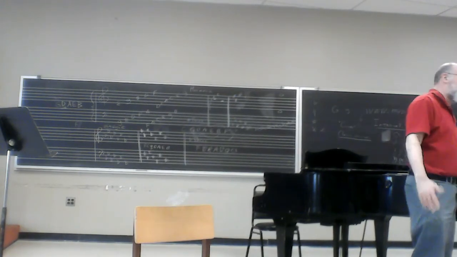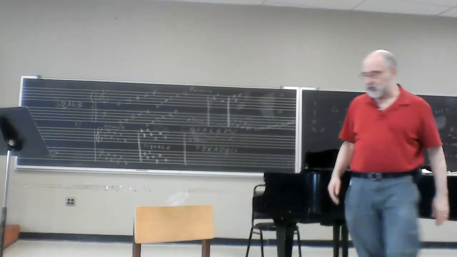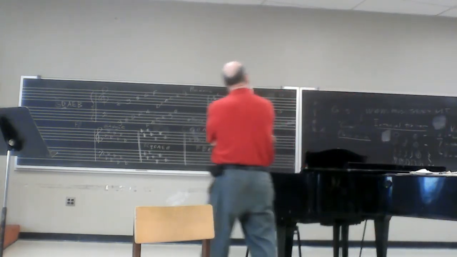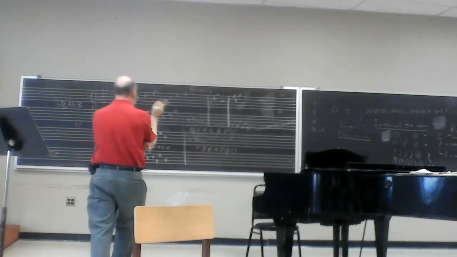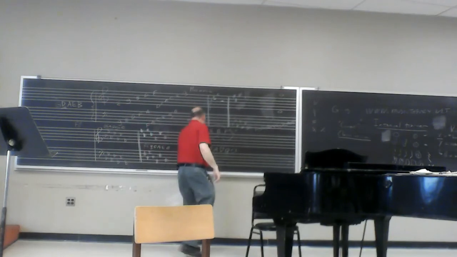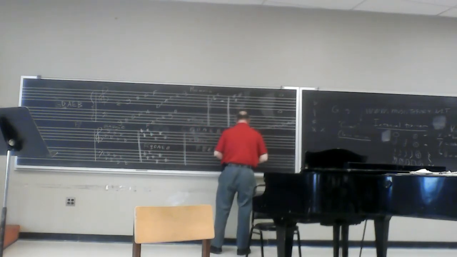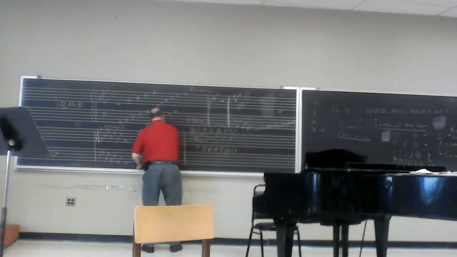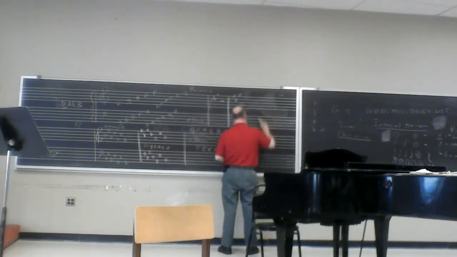If you start from here and go whole, half, you're going to come up with something very different. You must remember, it is two major tetrachords connected by a whole step. If it's easy to remember whole, half, whole, half, fine. Doesn't matter, as long as you get it right.